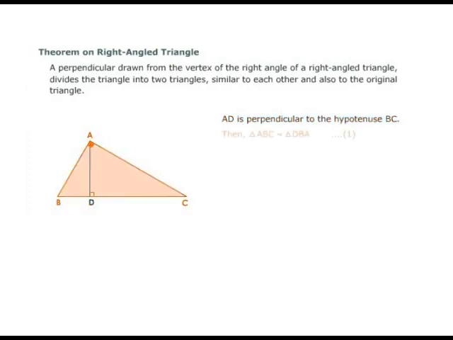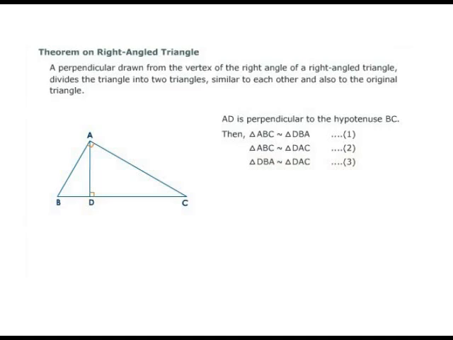Then, triangle ABC is similar to triangle DBA. Triangle ABC is similar to triangle DAC. And triangle BDA is similar to triangle DAC.